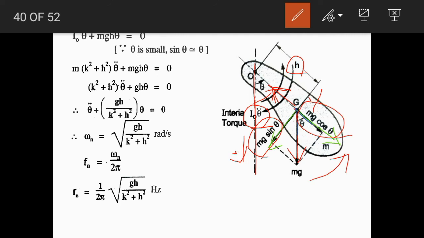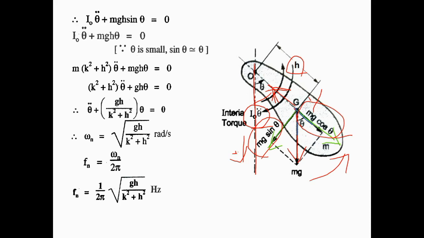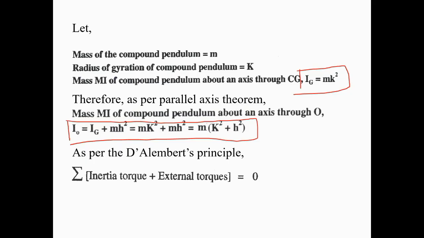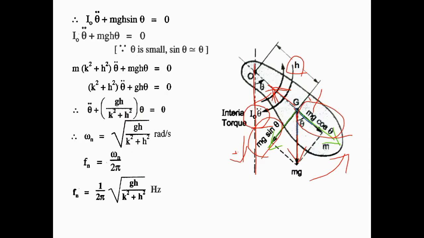Now from this free body diagram we can use the D'Alembert principle, that is nothing but the summation of inertia couple plus external torques would be 0. So inertia couple, that is I about O into theta double dot, plus external couple, that is mgh sin theta, would be equal to 0.